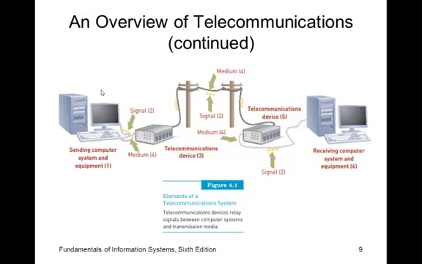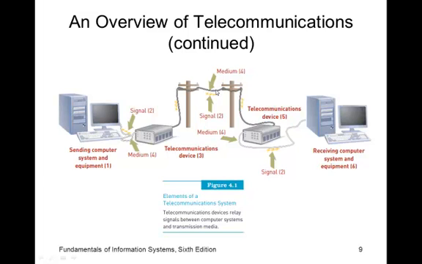That medium provides a path for that signal to a telecommunications device like a modem or a network interface card. And that telecommunications device translates that signal into a mode in which it can be sent along another type of communications path or medium, such as a telephone wire.